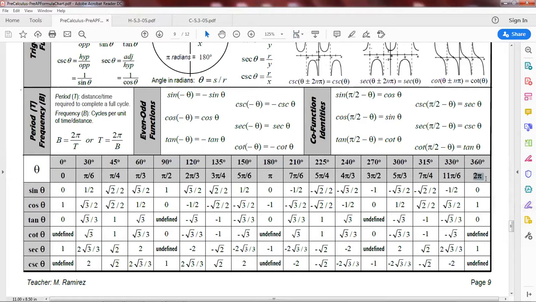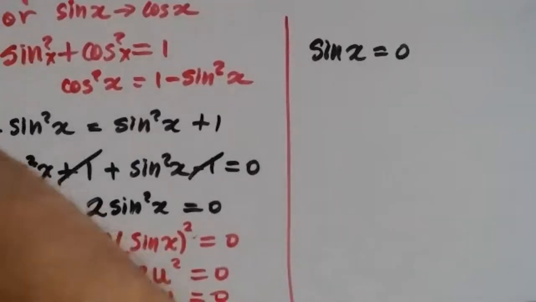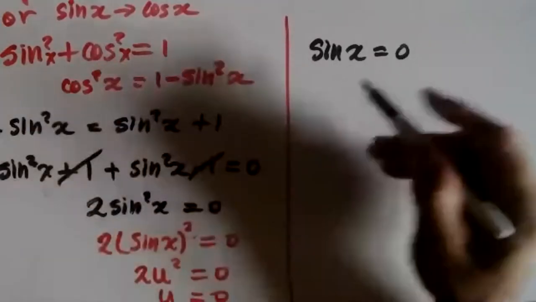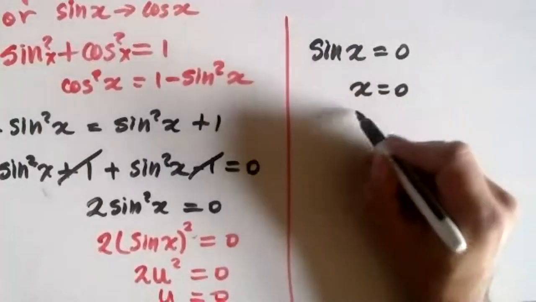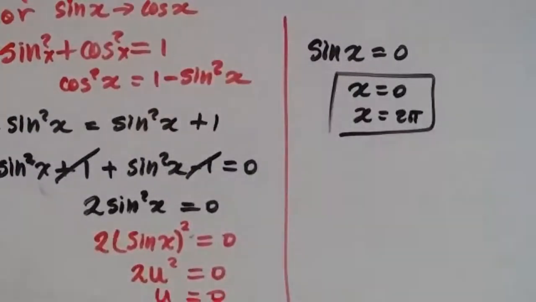You see? Okay, so those are going to be my solutions. So I'm going to write that. So sine of x is 0 for x equals 0 and for x equals 2 pi. Those are my answers. 0 and 2 pi.